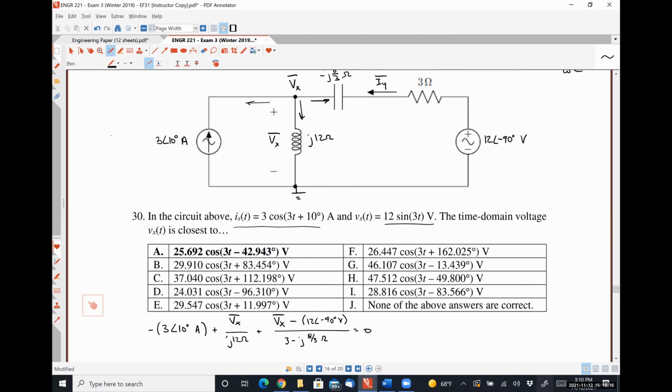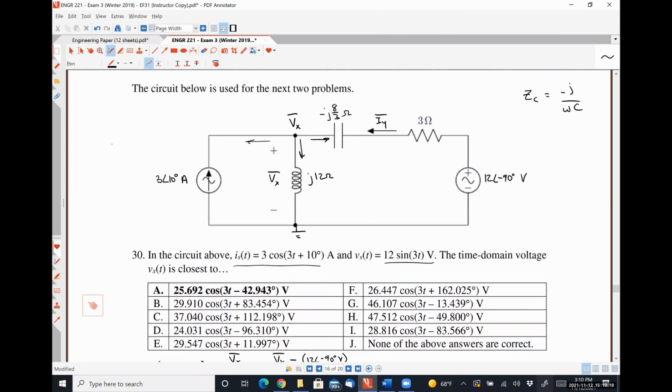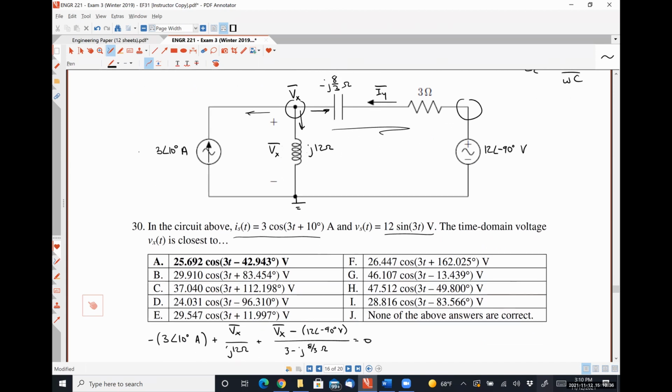Now that you know this voltage here, Vx, and this voltage here, the difference in those two voltages divided by the impedance seen here gives you Iy. That is the current flowing to the right through the negative J 8/3 ohm capacitor in series with a 3 ohm resistor.